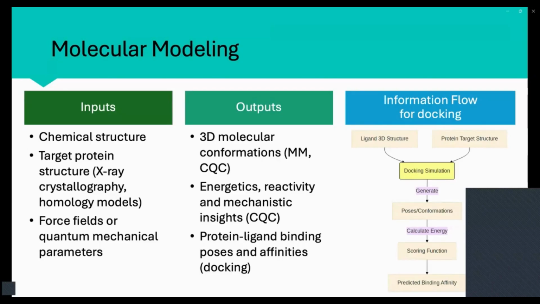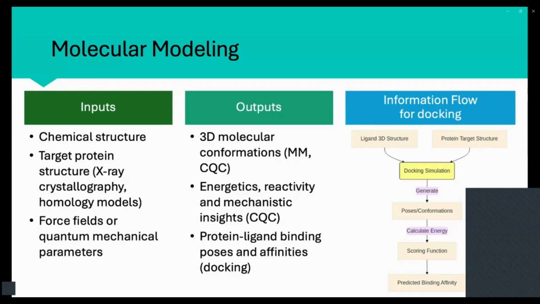The scores that come out of binding or docking software include factors such as energetics, steric interactions, hydrogen bonding, things like that. So inputs to a docking analysis would be the structure of our chemical of interest, the structure of our protein, that usually comes out of an X-ray crystallography, and then there's certain force fields that come into play for the docking analysis around the binding site.